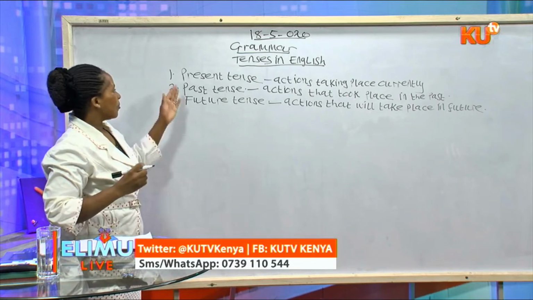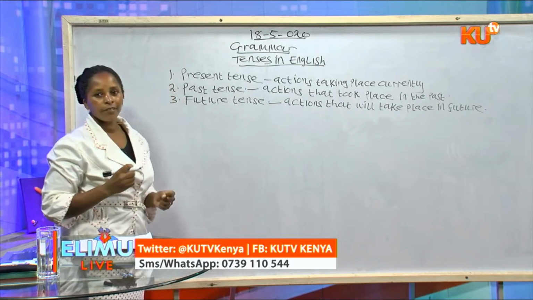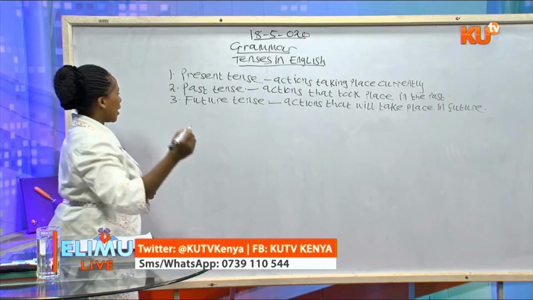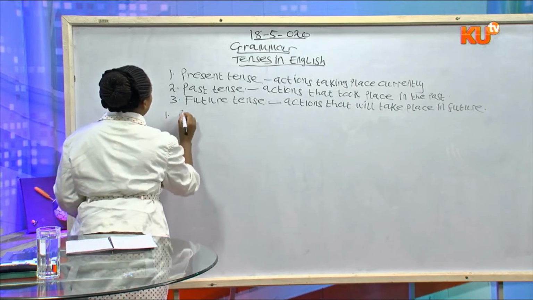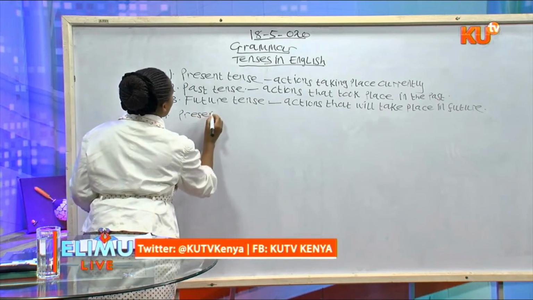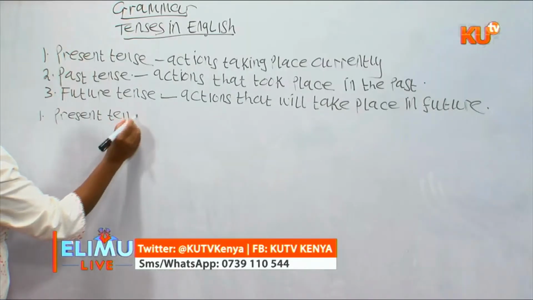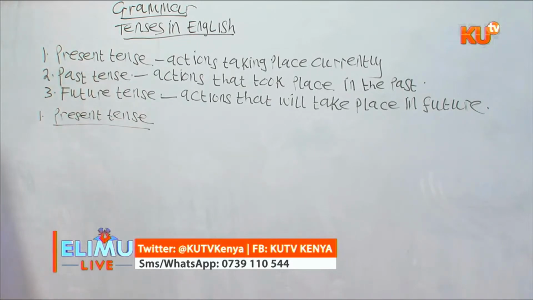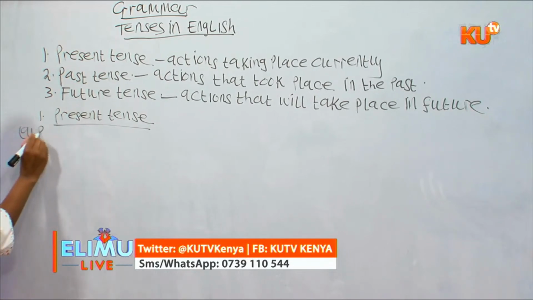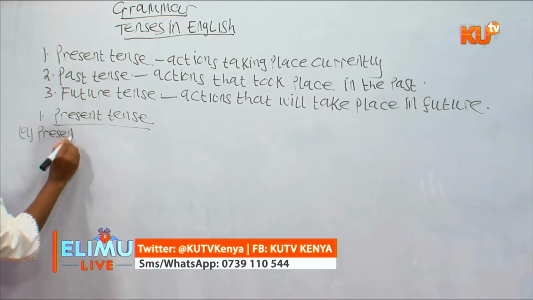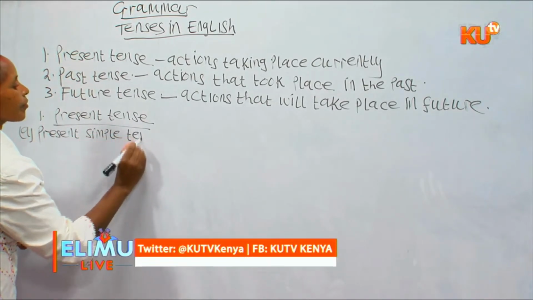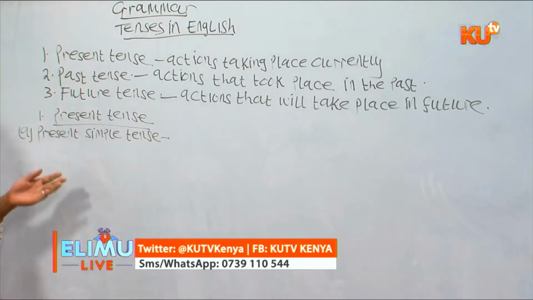Then these three types of tenses are further subdivided. So we can have the present tense first. And then we look at the other types of present tense that we have. We have the present simple tense. That is number one.